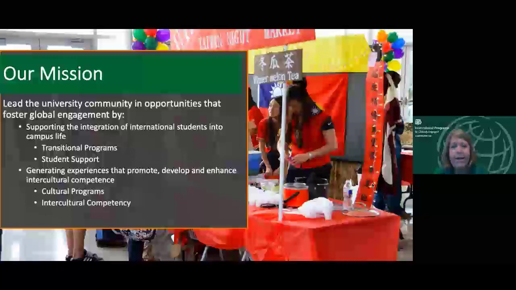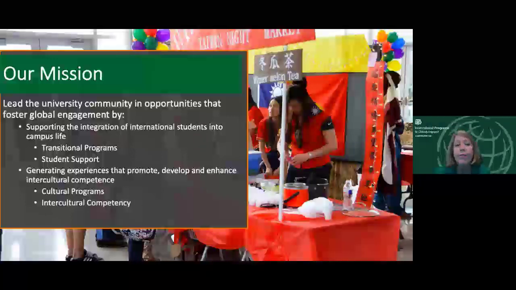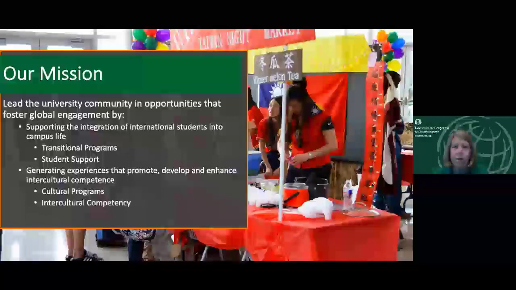As you can see in the slide, our mission is to promote opportunities that foster global engagement, and we have two main sections that we work on. The first one, and there you come, is to support the integration of international students into campus life. For that purpose, we offer transitional programs and some other support programs. We'll discuss it in a minute.